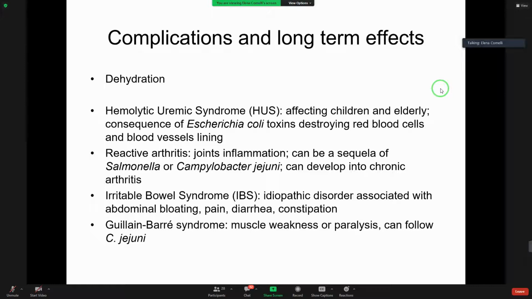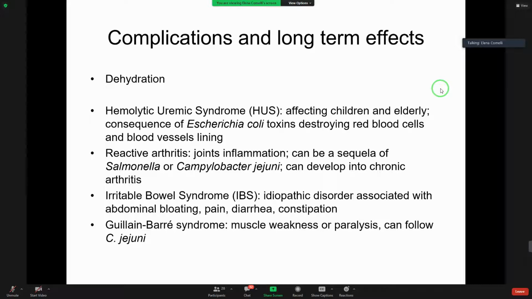As a consequence of a Campylobacter jejuni or Salmonella infection, there could be long-term inflammation of the joints and reactive arthritis. There could also be irritable bowel syndrome as a long-term consequence of infection with different kinds of enteric pathogens.